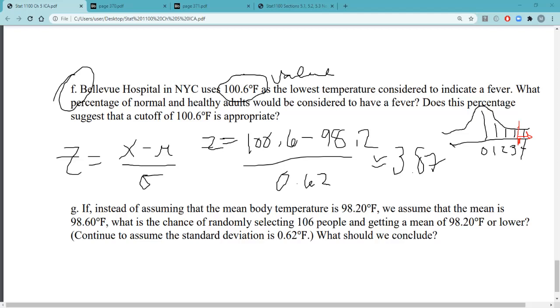Our table only goes up to a certain value, because anything after that we know is going to be less than 0.01%. If less than 0.01% of the adults would have a fever, then we're going to say that this is actually not an appropriate cutoff. It's too small of a number of people to have a fever.